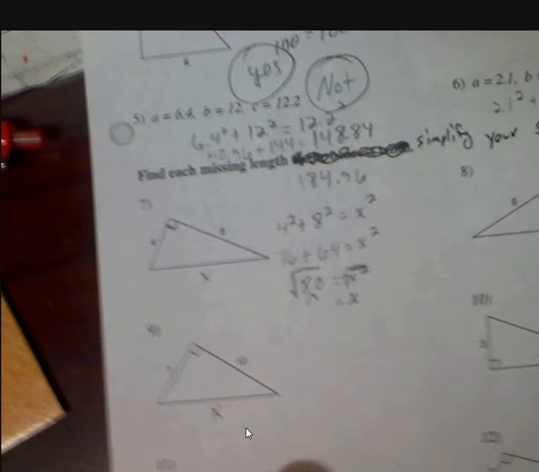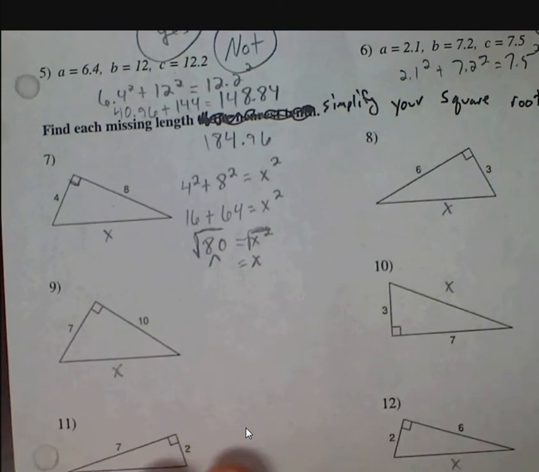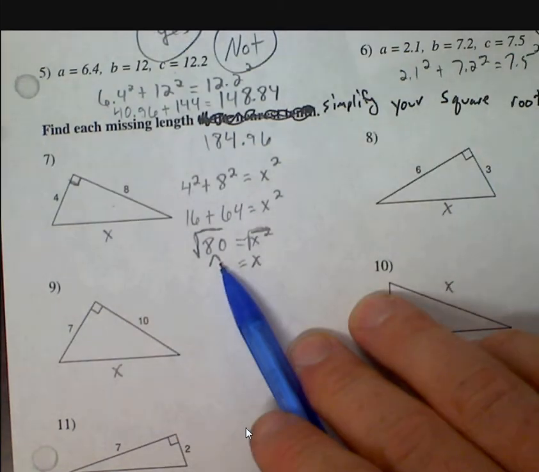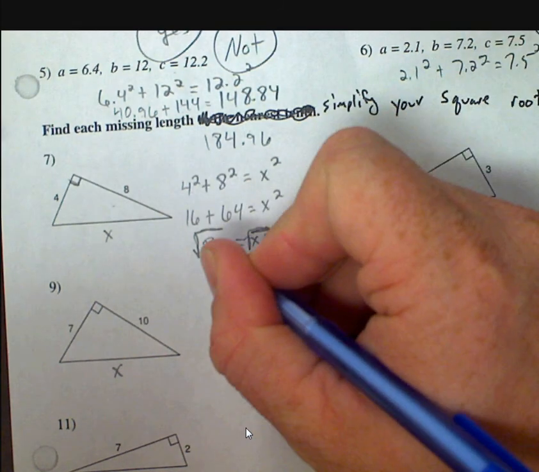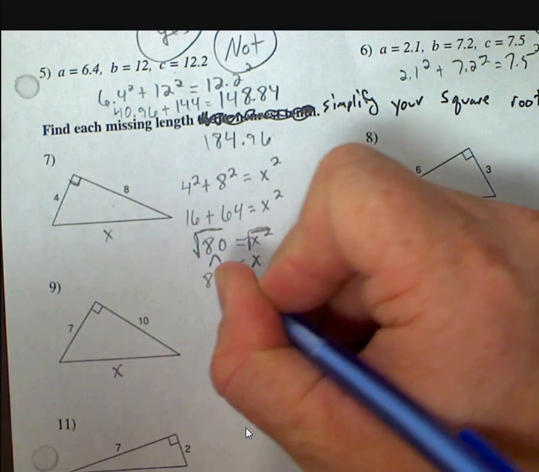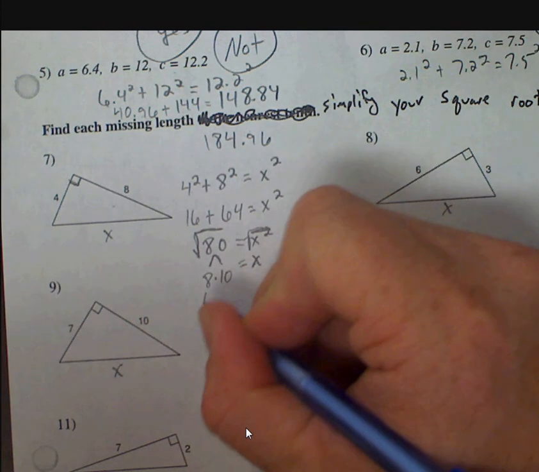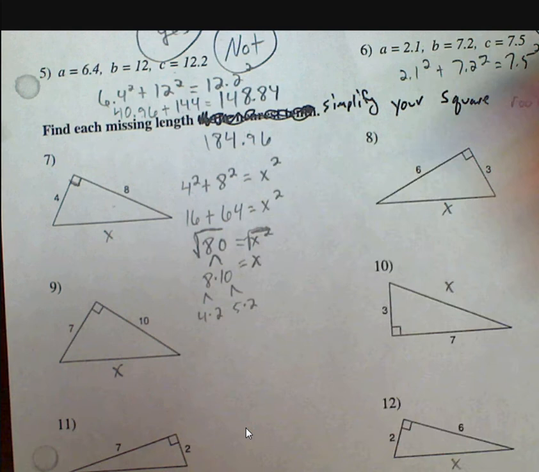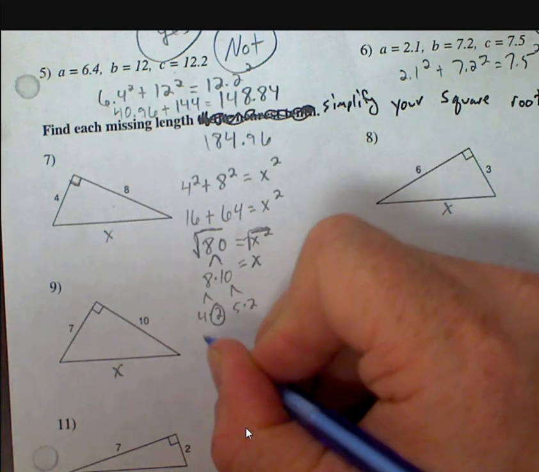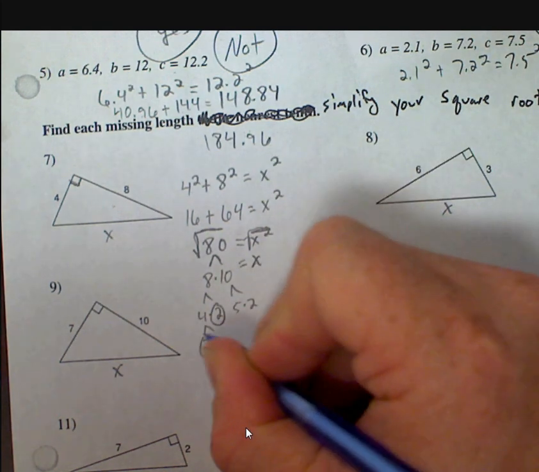So now I'm using what I just taught you. Now we need to go ahead and simplify this square root. 80 would be 8 and 10. This would be 4 and 2. This would be 5 and 2. I cannot break down the 2, but I can break down the 4: 2 and 2.